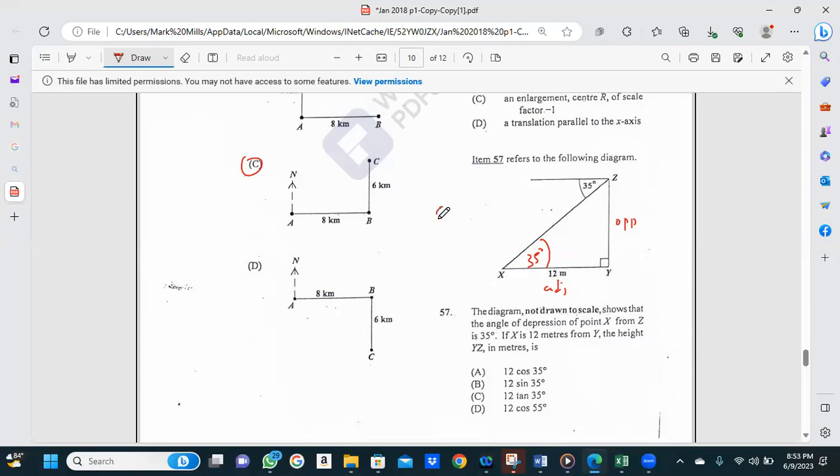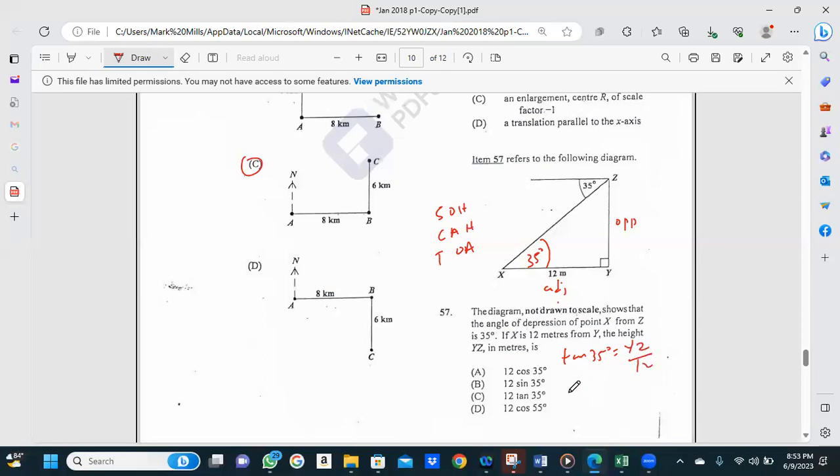Then we have SOHCAHTOA. You look for whatever you have been given. We have been given adjacent, and we want to find opposite. So I combine the given and the find, which gives me tan. So I'm going to use tan 35 degrees equals opposite, which is YZ, over 12.